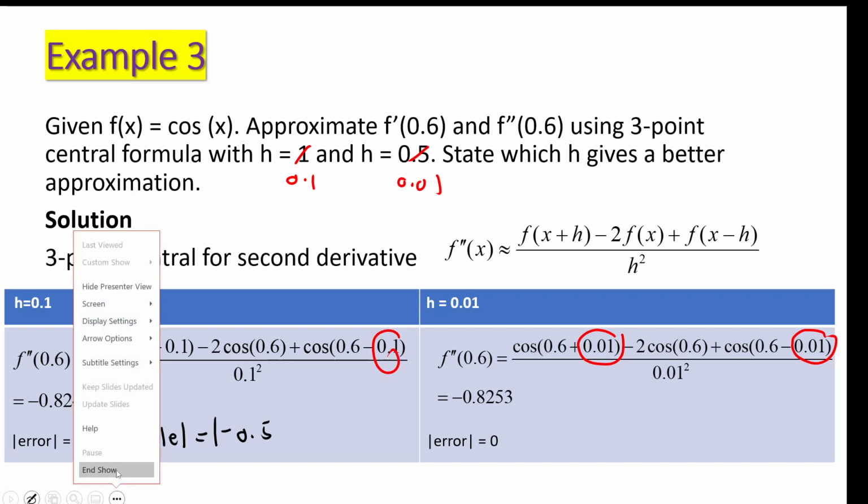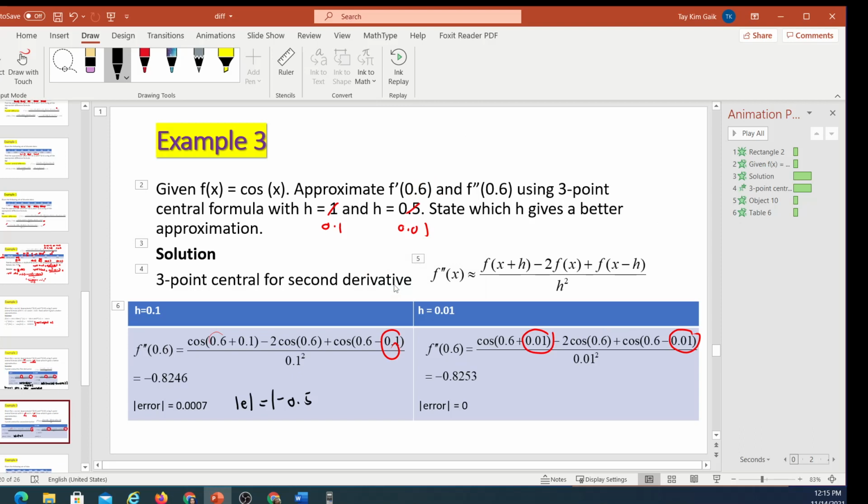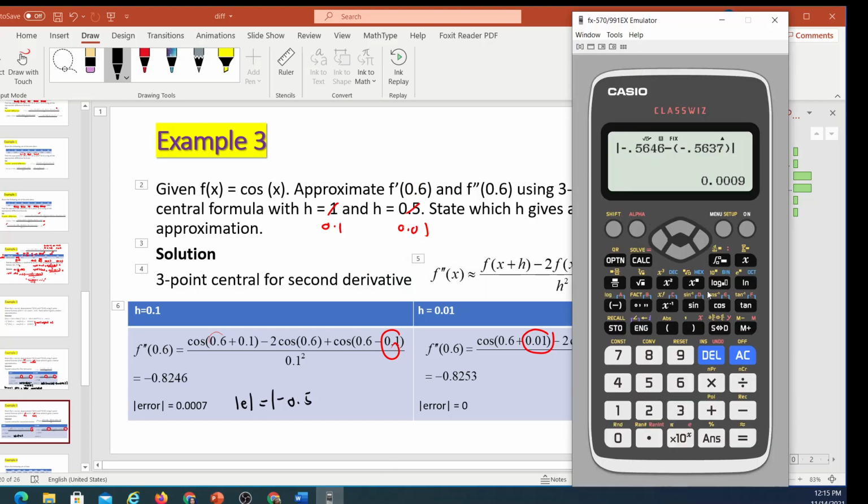Then to calculate it, you can modify it: f(x plus h) minus 2 times f(x) plus cos(x minus h), divided by h squared.